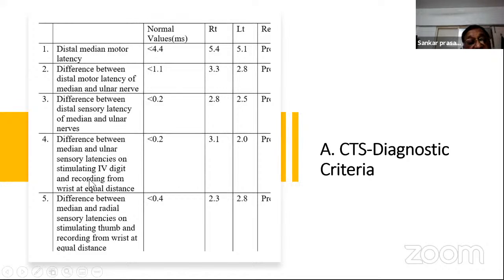Difference between median and ulnar sensory latencies on stimulating the fourth digit and recording from the wrist at equal distance should be less than 0.2. Difference between median and radial sensory latencies on stimulating the thumb and recording from the wrist at equal distance should be less than 0.4. So these are the diagnostic criteria. You can make a chart like we did here, and we can present it to the surgeon, whoever is operating.